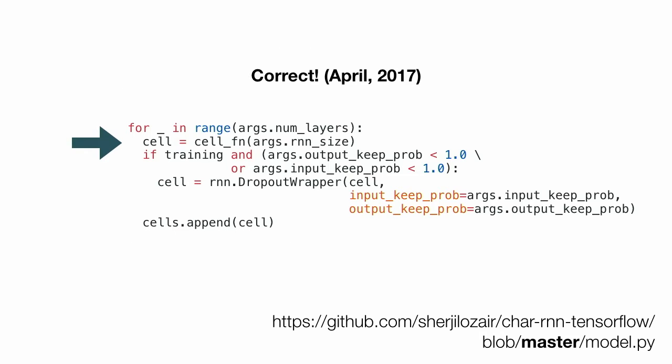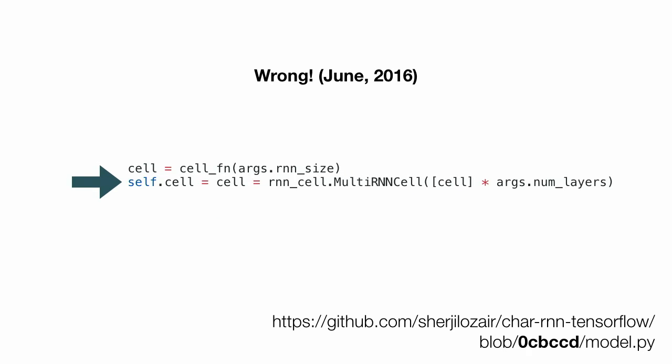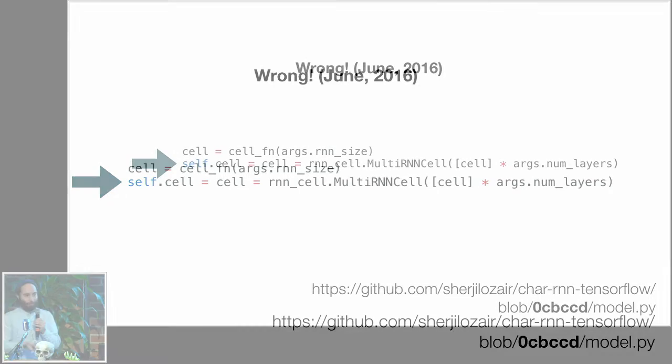Specifically, it's misunderstanding some detail in Python. You'll see this is the correct code, April 2017. June 2016, if you duplicate an array like that, you're getting a reference to something a certain number of times instead of making a copy. This stuff has pitfalls, but this was 6 months ago.